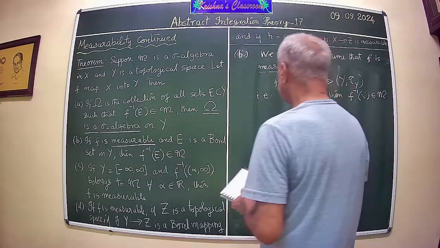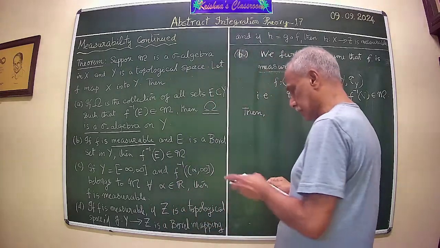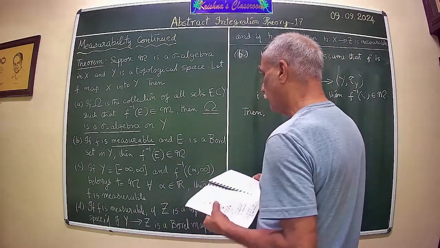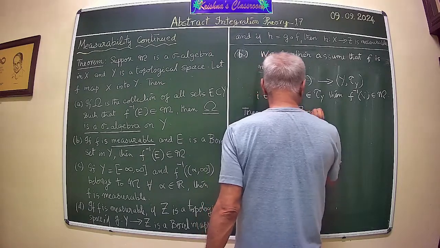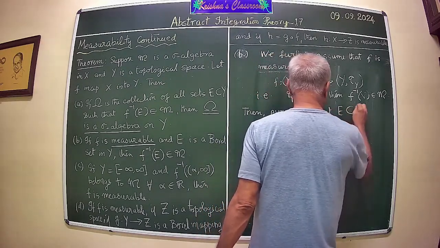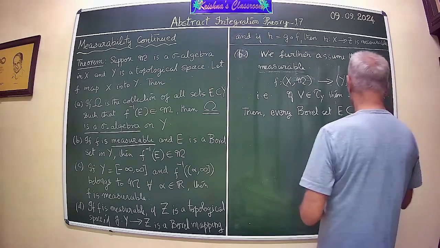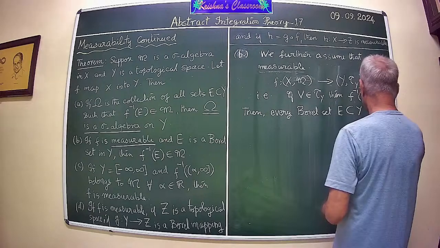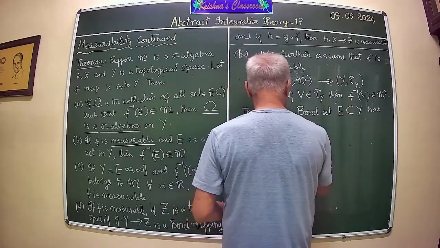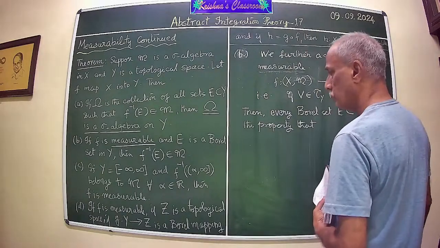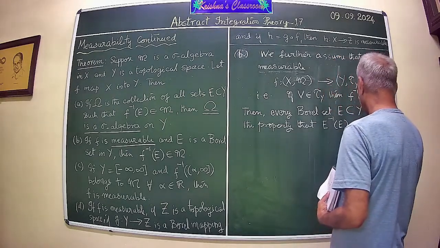Then what do you get? What is the conclusion? Then what we have is that every Borel set E contained in Y has the property that F inverse of E is in M. What does it mean?